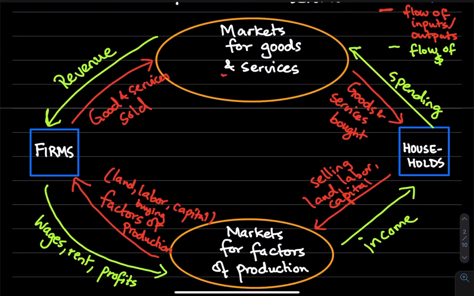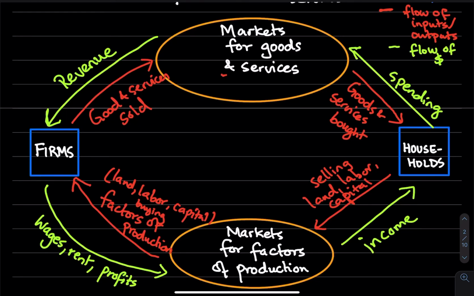Okay, so here is a simplified diagram, a schematic representation that tells us how the economy is organized. Decisions are made by households and firms, right? Households and firms are the two players in this type of marketplace, where there's two markets, one for goods and services and one for factors of production.